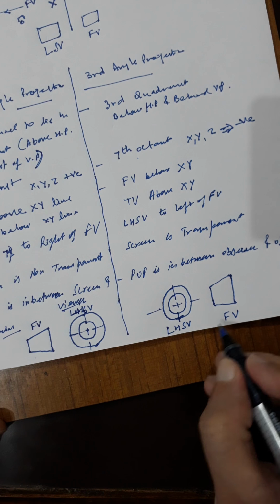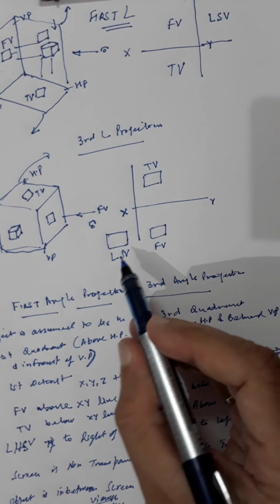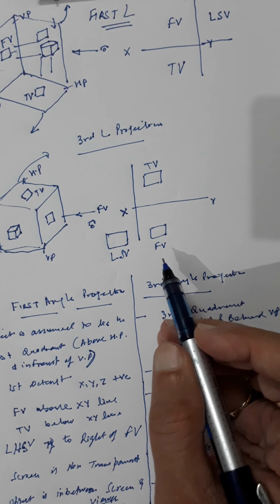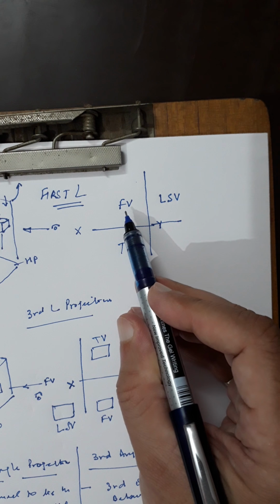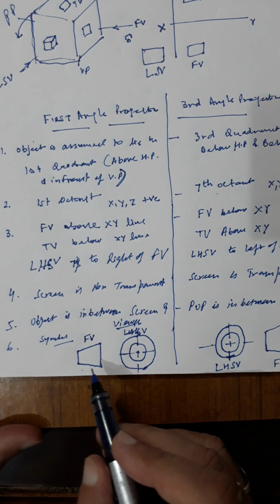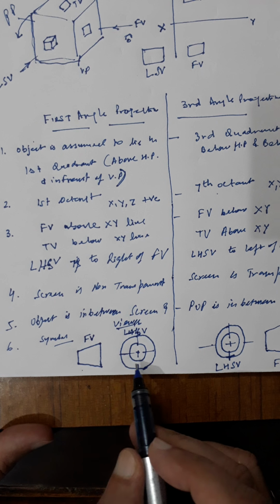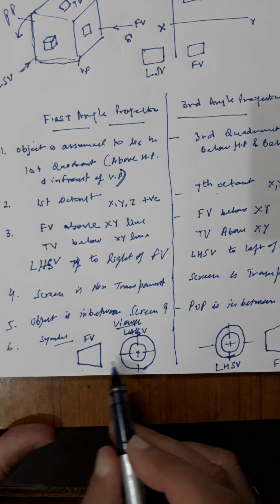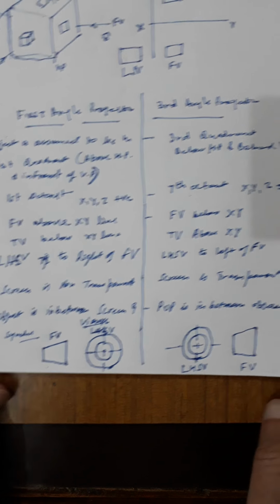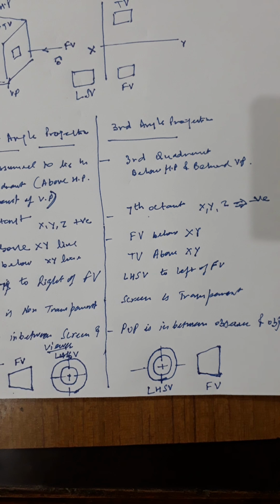Left hand side view is to the left of the front view, which we have already discussed. Whereas in first angle projection, left hand side view is to the right of the front view. In the symbol form you can represent the first angle projection symbol, and this is the third angle projection symbol. I hope you got it. Thank you.